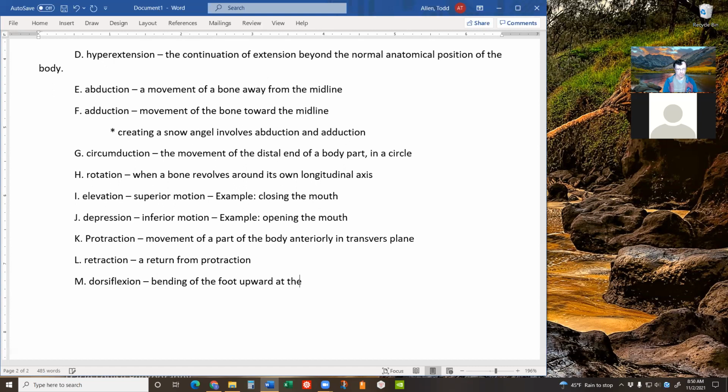All right. The opposing motion, or sort of inverted motion, of dorsiflexion is going to be plantar flexion.